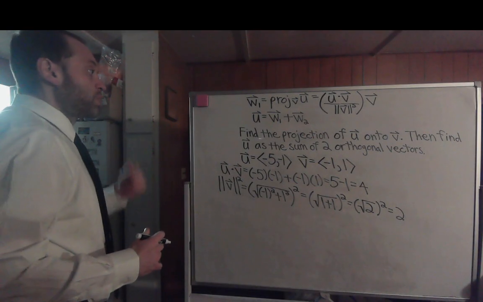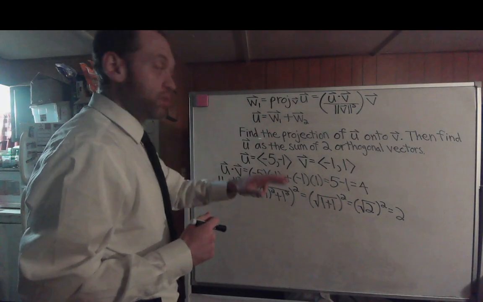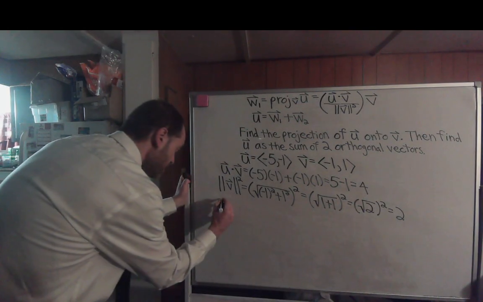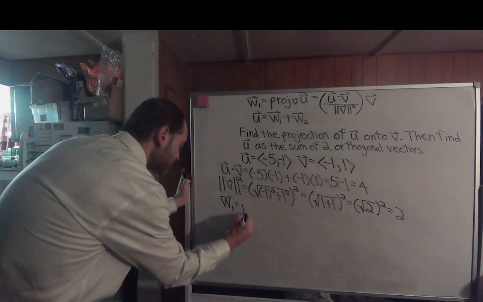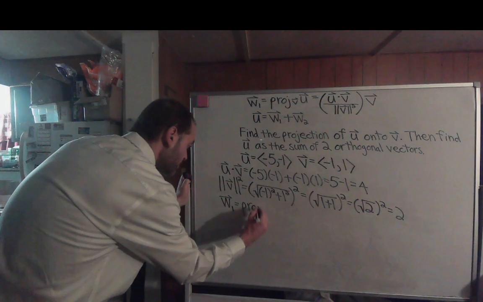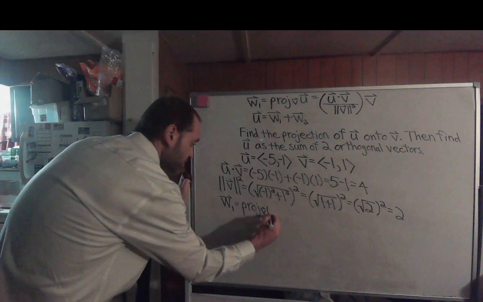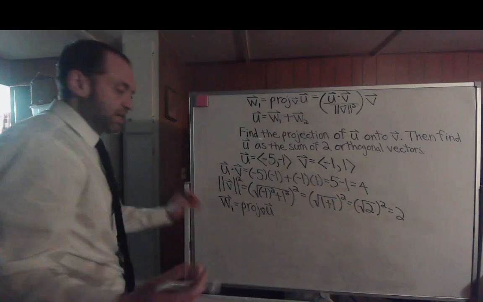Now we are ready to find vector w1, which is the projection of u onto v. So vector w1 equals the projection of vector u onto v, is what I should have said. That'll be the projection of u onto v, excuse me.